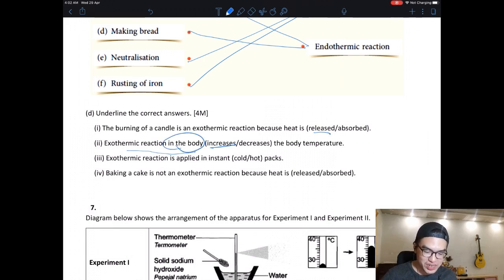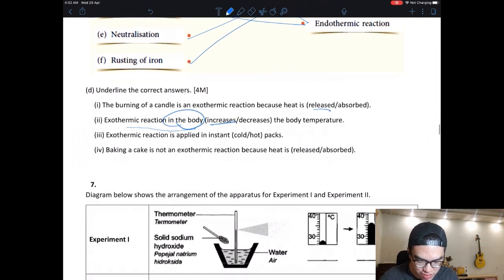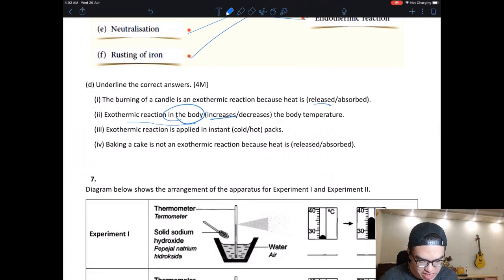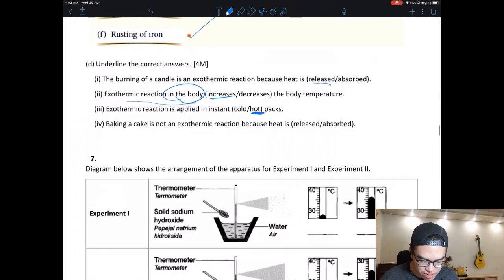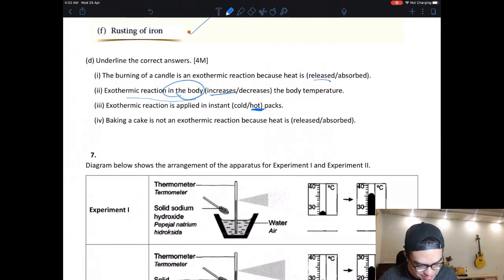That's why it increases body temperature. Okay, very tricky question. Okay, exothermic is applied in instant hot pack, because it gets hot. Baking a cake is not exo because heat is absorbed. Okay, the cake is absorbing heat.